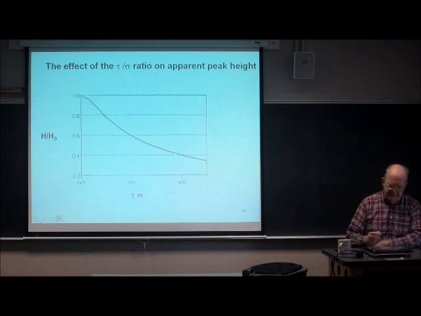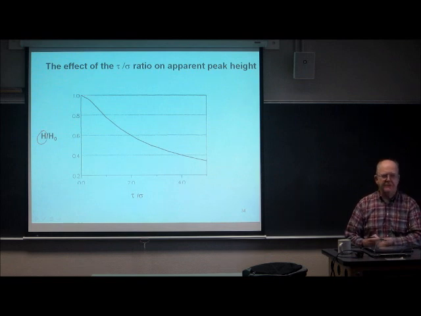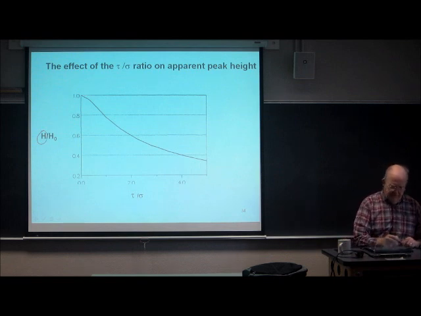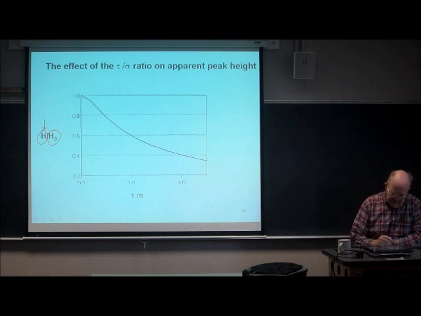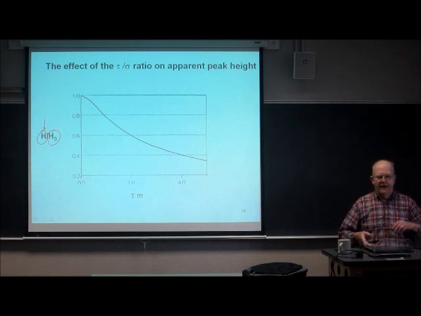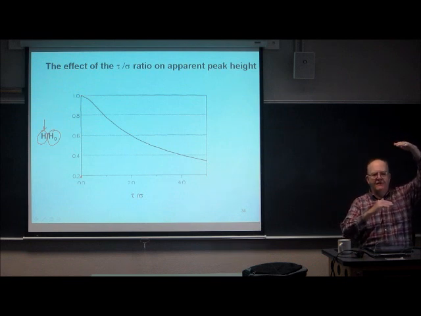And this is the influence of the tau to sigma ratio on the ratio of the height of the peak with a time constant to the height with a zero time constant. And you see, if tau over sigma is really small, then h over h naught is 1, and the peak is at its maximum height.